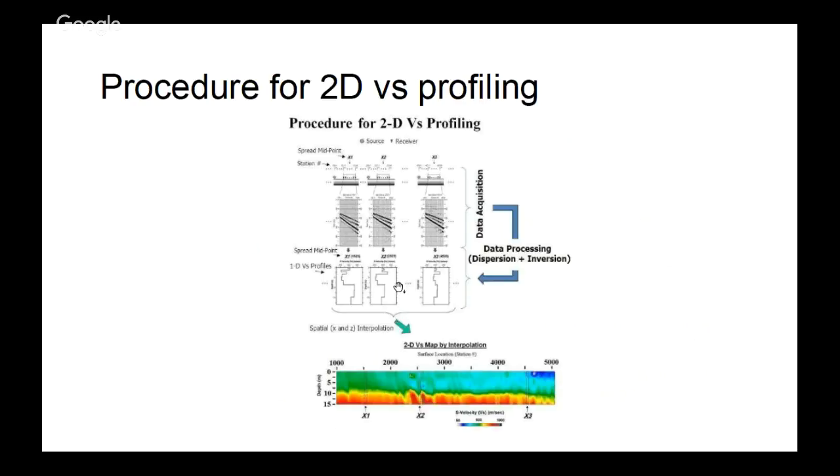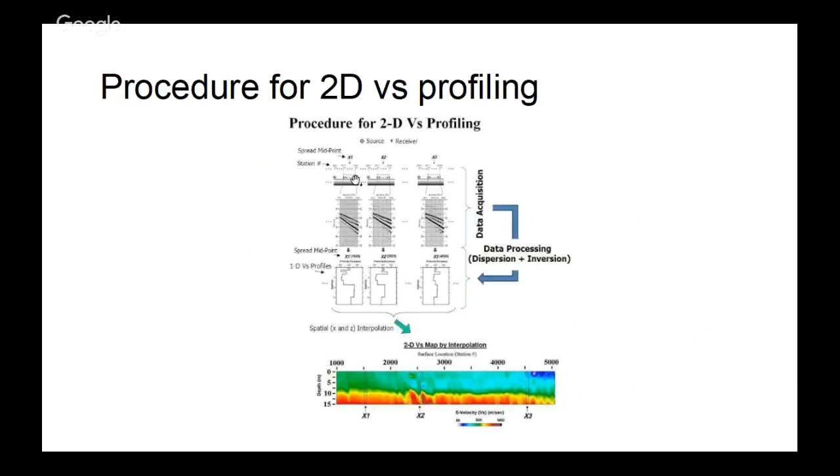It's a little small. Maybe I should have made this bigger. But basically we have a source of some sort over here, and we have our spread, and our spread is being moved to different locations. At each of these locations, we're recording a common shot gather for all of our receivers, all of our channels at this particular location.